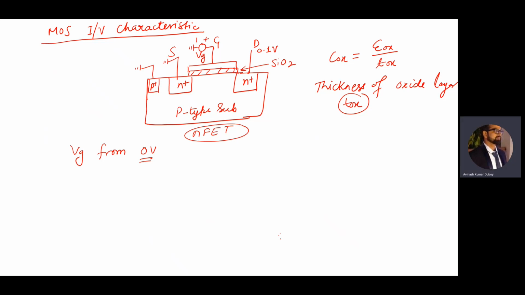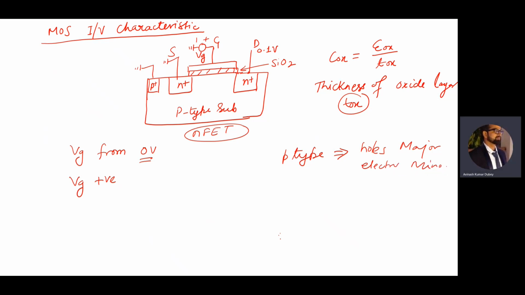So if we increase Vg, let us say we apply a little bit of positive Vg, then what will happen to this device? This is a p-type substrate, which has holes as free carriers. In a p-type semiconductor, holes are the majority carriers and electrons are the minority carriers.